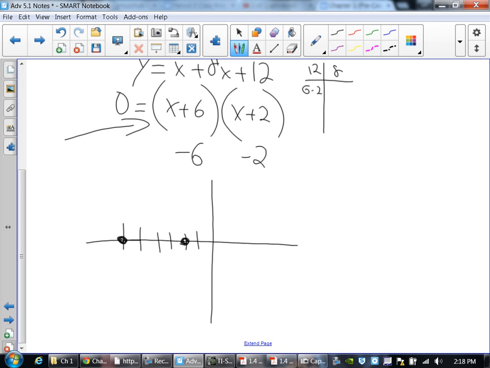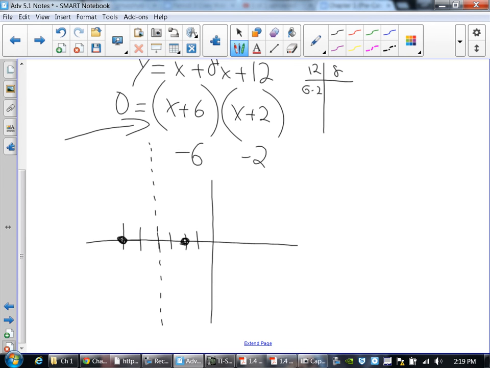And the other thing that's nice with this is that since those values are on the same y, that means they're equidistant from some middle point. So what's halfway between negative 6 and negative 2? Where do you think your axis of symmetry is going to be at this point? At negative 4. You have an axis of symmetry at the midpoint.